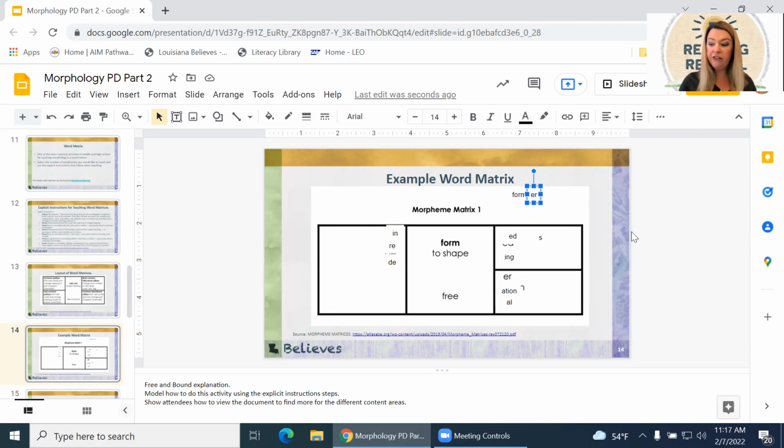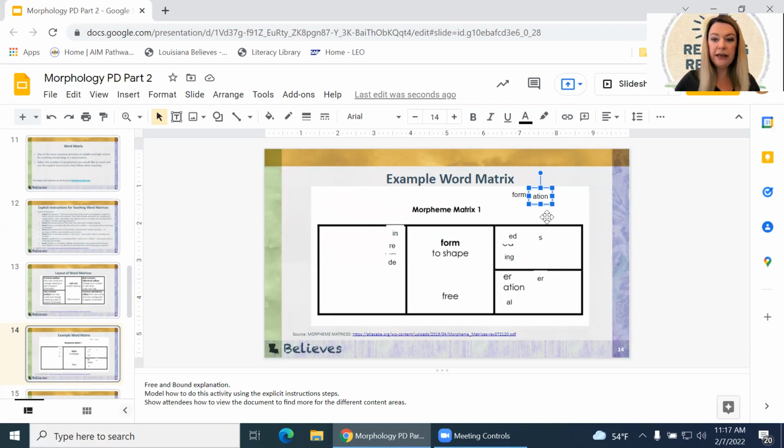The suffix ER means someone who. So if I have former, it means somebody who shapes something. A former is somebody who shapes it. If I add ATION to the back of form, formation becomes the new word. And ation means the act or the state of. So this is the act of shaping something. Sometimes people say the soldiers are in a formation. It means they're in a certain shape.